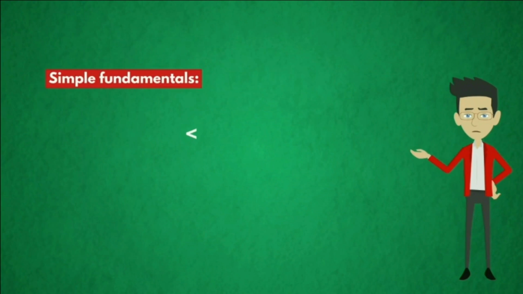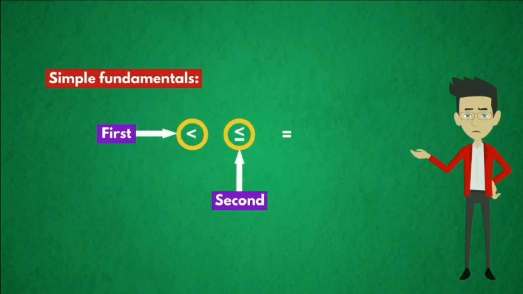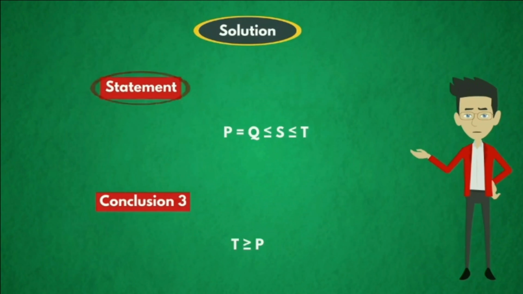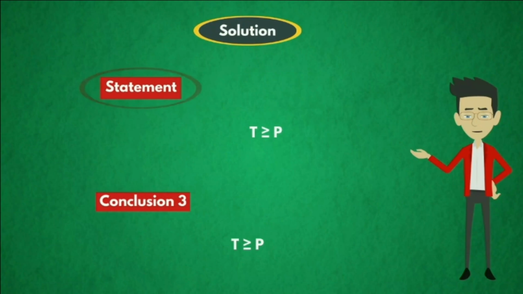If there is a combination of less than or equal to and equal to symbols, then we give first priority to the less than symbol, second priority to the less than or equal to symbol, and third priority to the equal to symbol. So here, P equal to Q less than or equal to S less than or equal to T. We can say that T greater than or equal to P. So conclusion 3 is true.